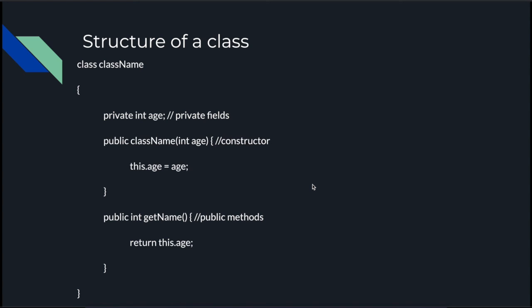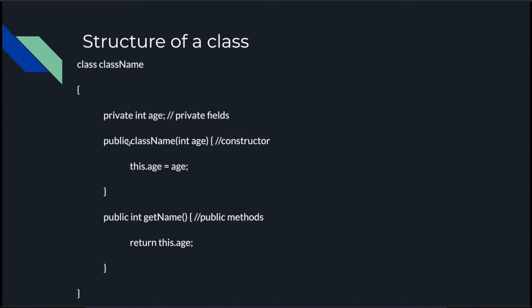So let's look at the structure of a class. The class starts with the class name. Then we have our private fields, such as private, then the data type or variable type, and then the name. Then we have a constructor, and this is what we call when we create the object.